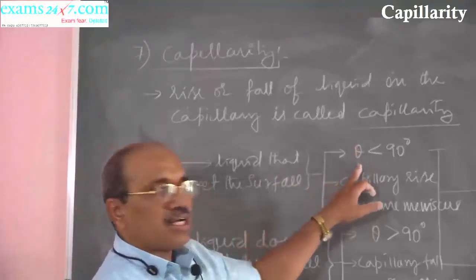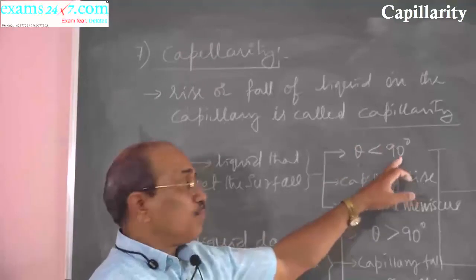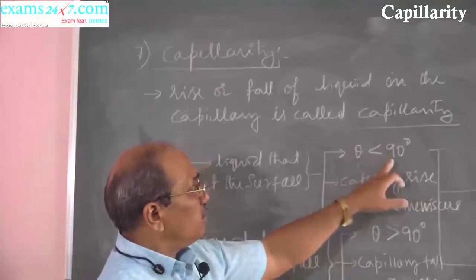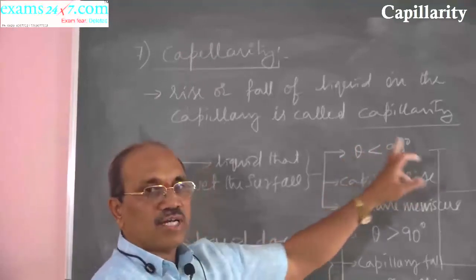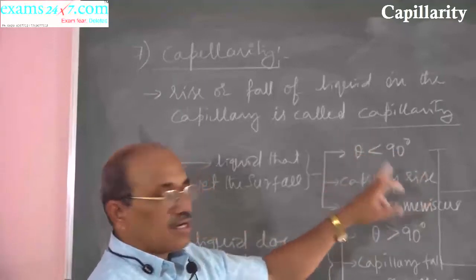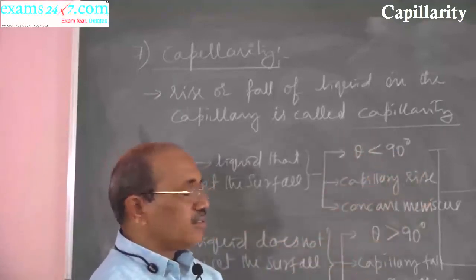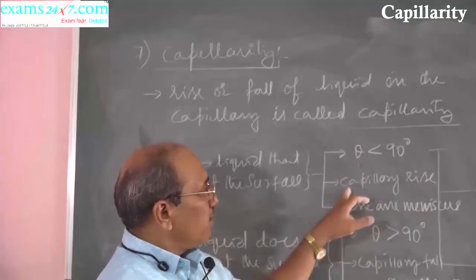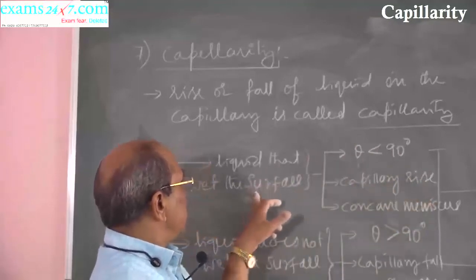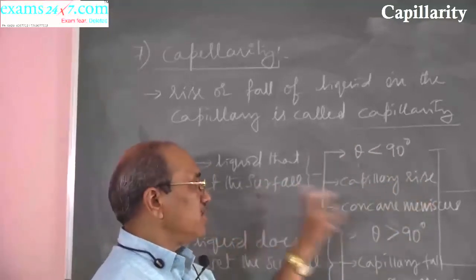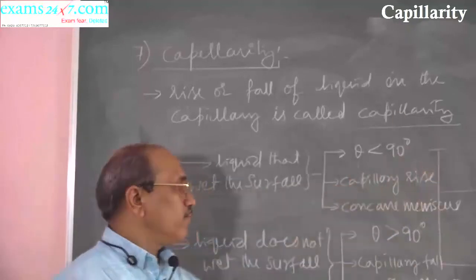For ordinary water and glass, it is less than 90. For pure glass, water and pure silver, it happens to be equal to 90 degrees. For mercury and glass, it is obtuse, about 138. So capillary rise takes place in case of wetting the surface, and the meniscus is concave.